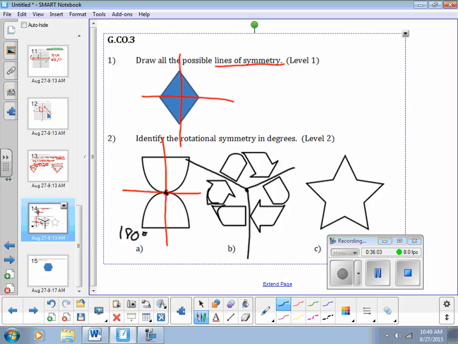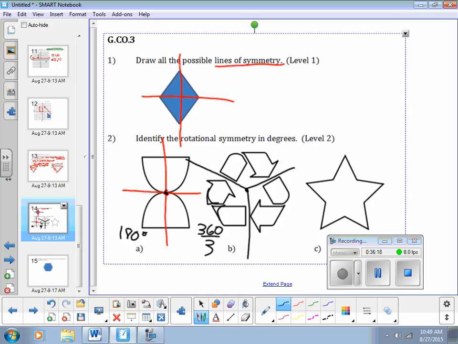How do you find that angle? Divide 360 divided by 3, because it has 3 different lines of symmetry.